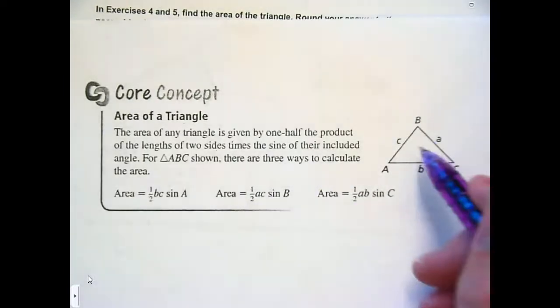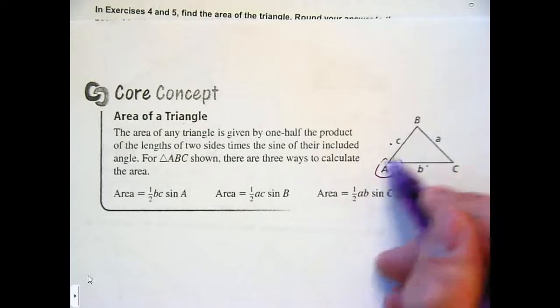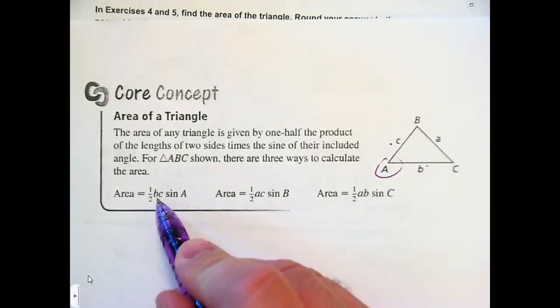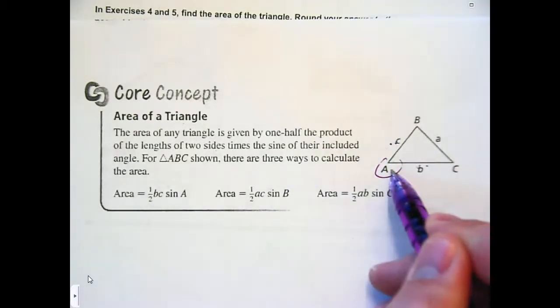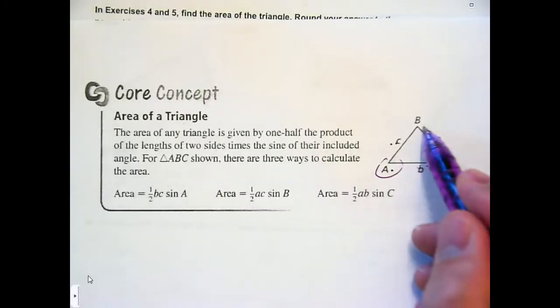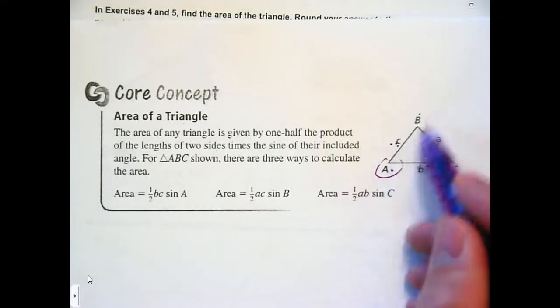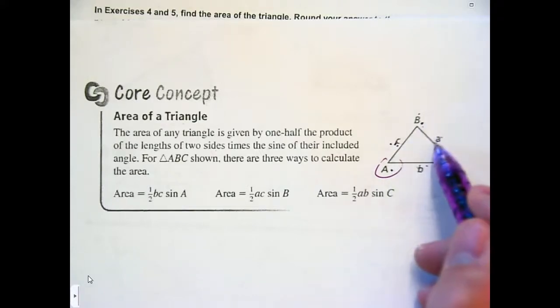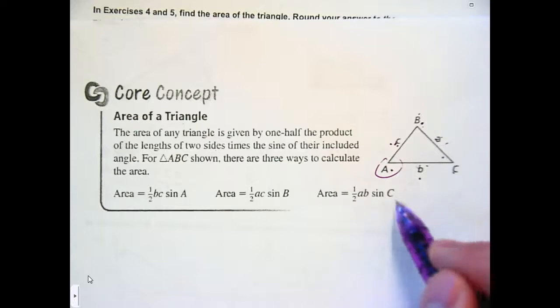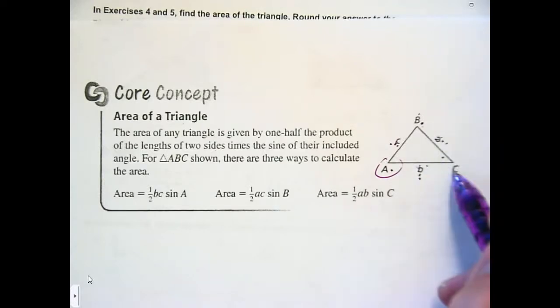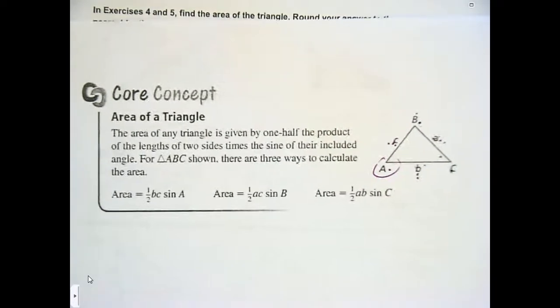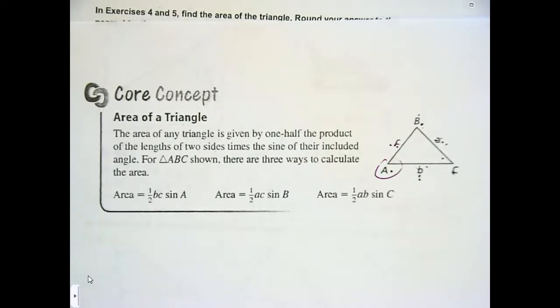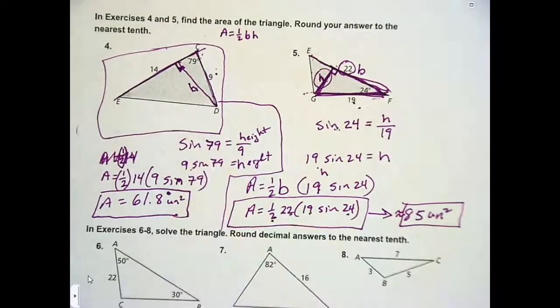For instance, if I know sides B and C and angle A, I can use 1/2 B times C times sine A. If I know sides A and C and angle B, I could use 1/2 A times C times sine B. If I know angle C and sides A and B, I can use 1/2 AB times sine C. Most of you, or the handful of you that talked to me, came up with that on your own. That's good. Those are the shortcuts you want to fall into and be able to use. The reason it works is because of the work we did here.